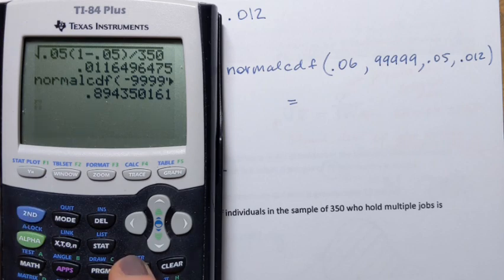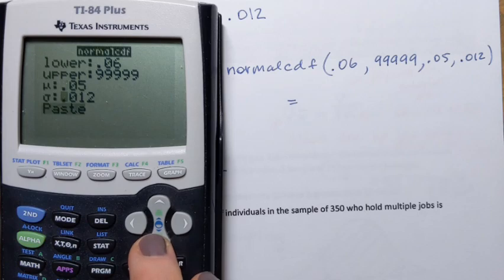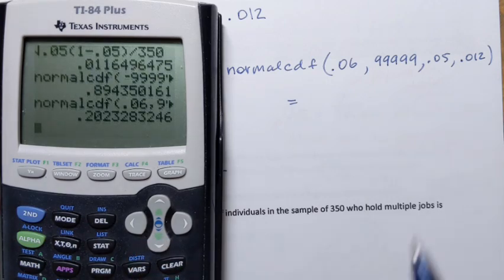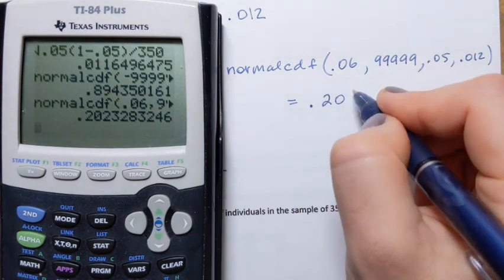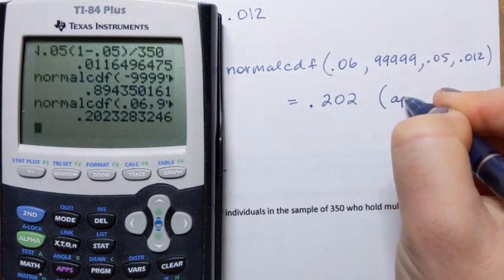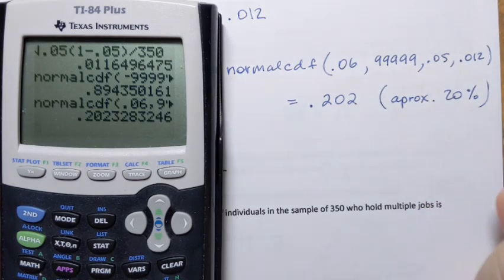So second bars, normal CDF. 0.06 for the lower boundary, 99999 for the upper boundary, same mean, same standard deviation as in our last example. I'm pressing enter a few times, and that's the probability that we get: 0.202, approximately 20% chance.